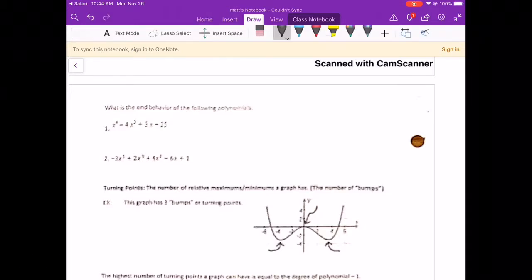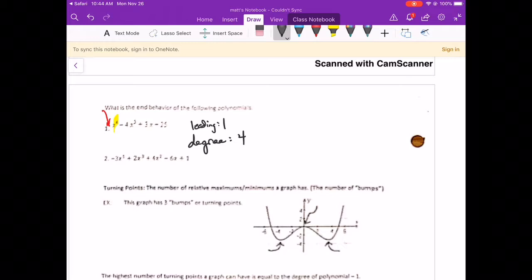What we need you to be able to do is just pick up what's important, which is the degree of the polynomial here, which will come from the highest power, and in this case it's 4, and then what the leading coefficient is, which is the number in front. All right, so the leading coefficient in this case is 1, and the degree of this polynomial is 4.